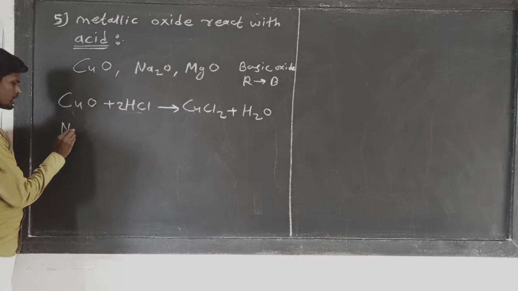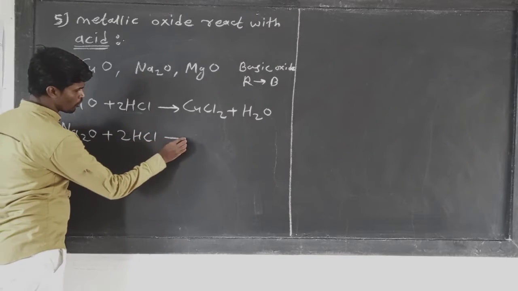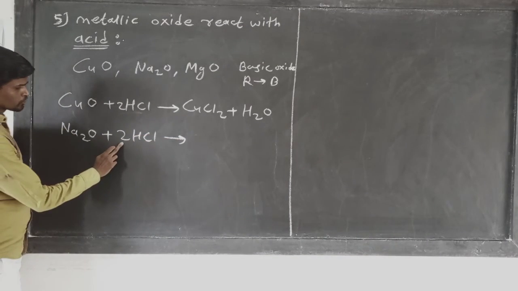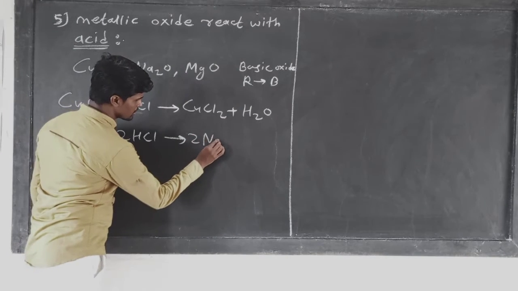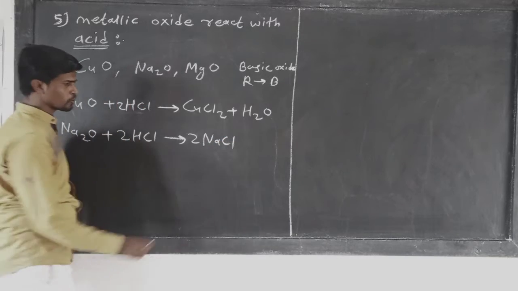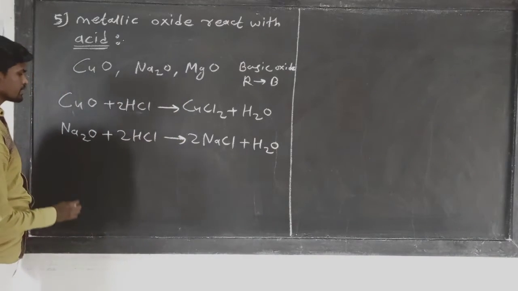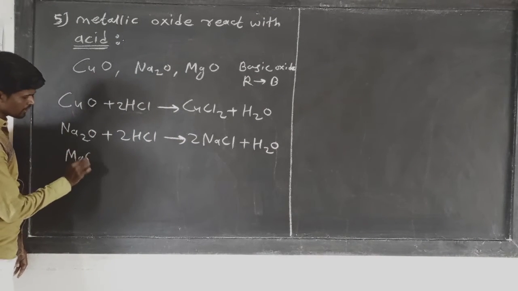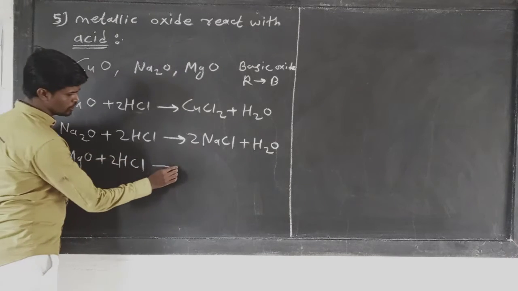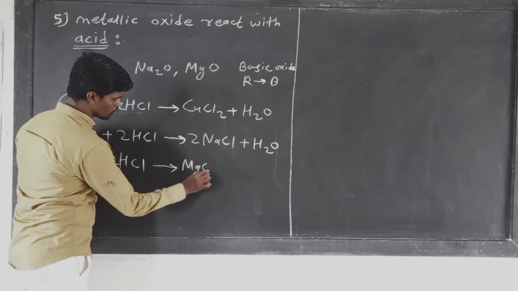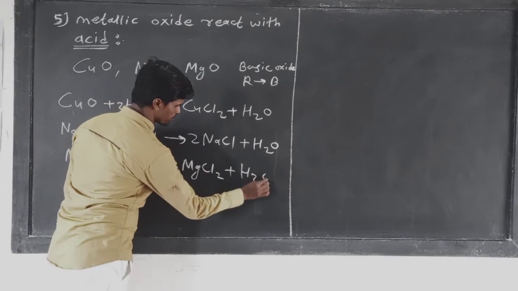Then sodium oxide Na2O is reacted with two molecules of HCl, it gives 2NaCl, sodium chloride, with byproduct water molecule. Then third reaction, magnesium oxide reacted with two molecules of HCl gives magnesium chloride MgCl2 with byproduct water molecule.